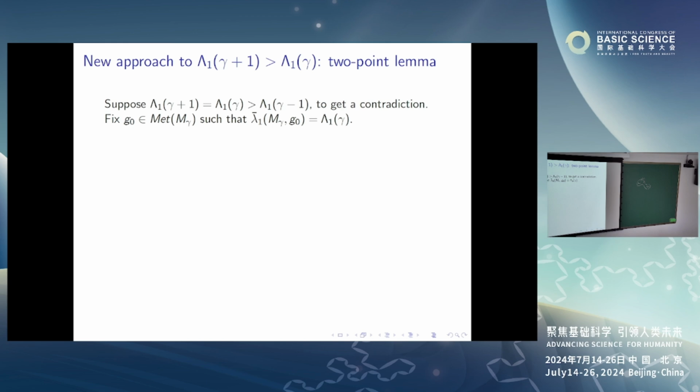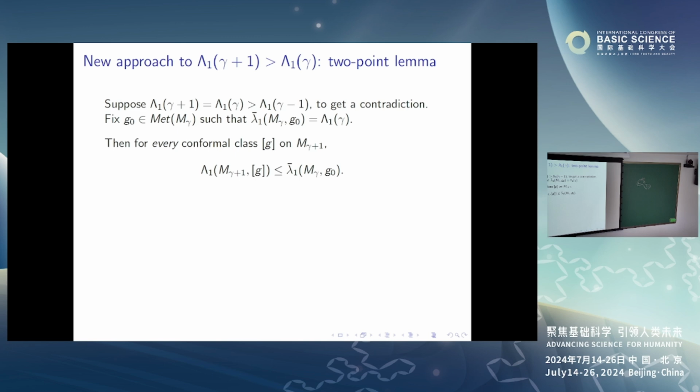Okay, so let's start from the same place. So let's suppose we're at the first genus where this breaks down, and let's try to get a contradiction again. And let's again look at our maximizing metric on the lower genus surface. And now, instead of trying to produce a metric that violates this equality rather, this tells us that for every conformal class on this higher genus surface, we have this inequality.